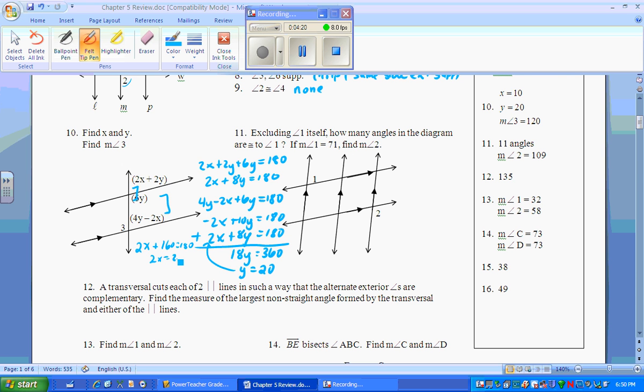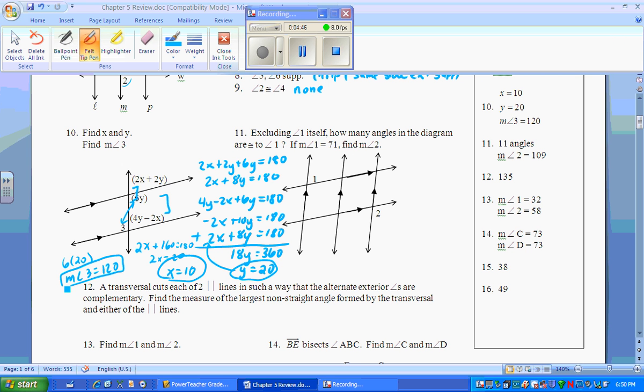So 2x is 20. X equals 10. There's x. There's y. And we need angle 3. Well, angle 3 and this angle are alternating interior. So 6 times 20, measure of angle 3 is equal to 120.